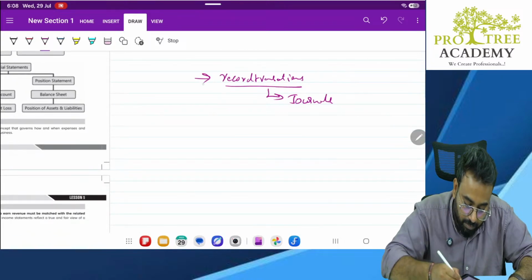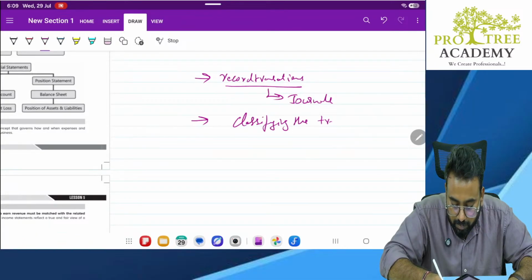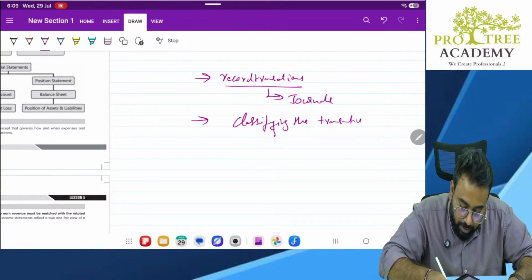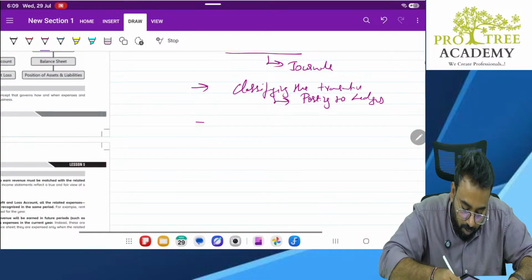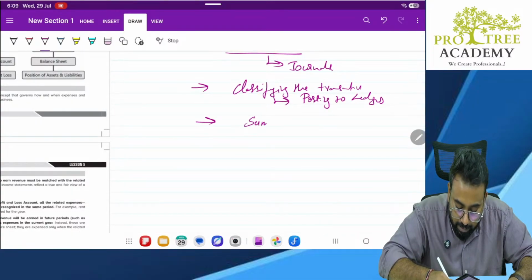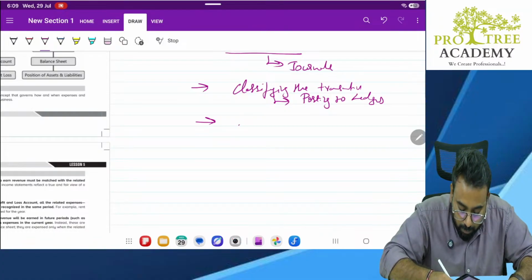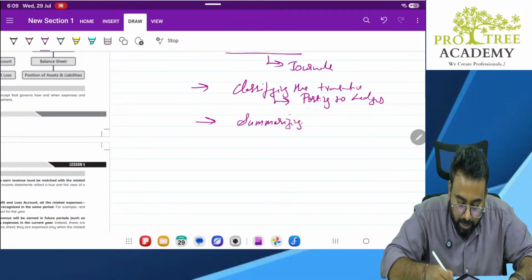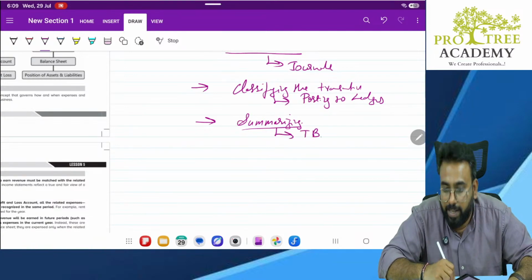The next step was classifying the transactions. This was done while posting to the ledgers. The next step was summarizing. In summarizing, we have seen the trial balance, correct till now.